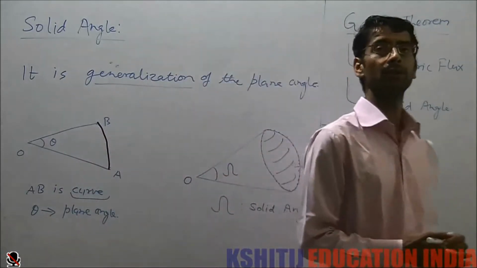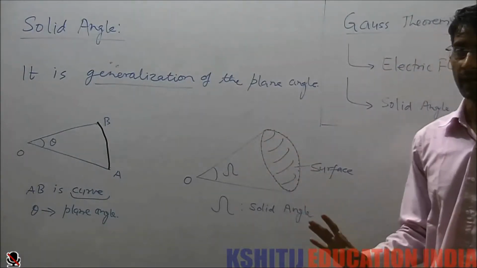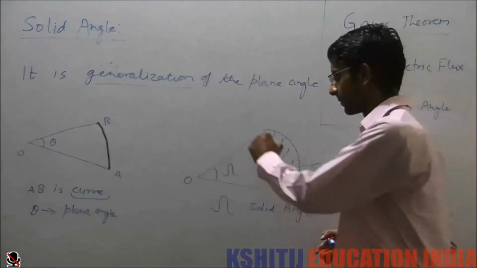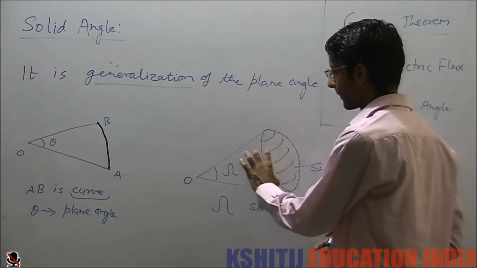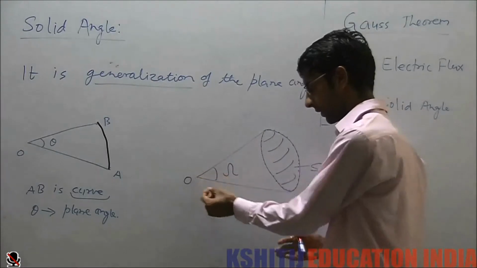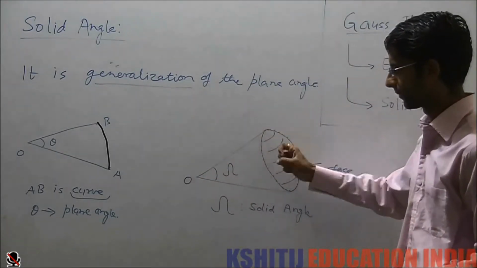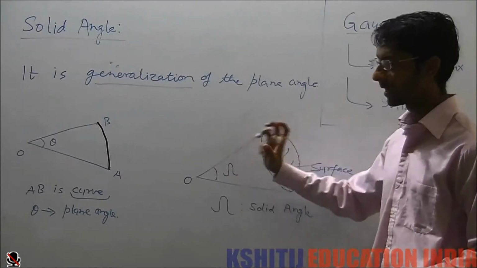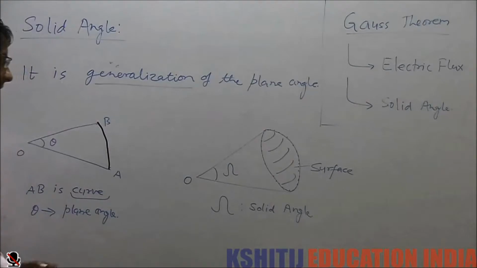Here I have shown only 2 lines, but there are n number of lines. That means all the points of the surface border have been joined to this point O. So this will have a cone-like structure, and that angle is called the solid angle.